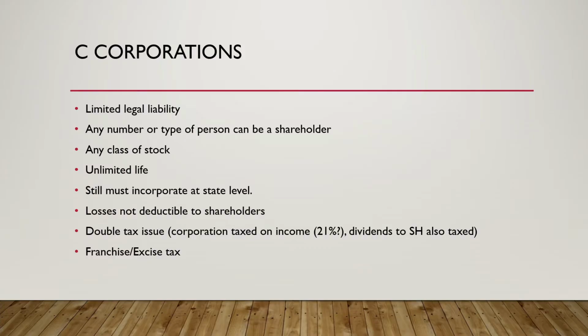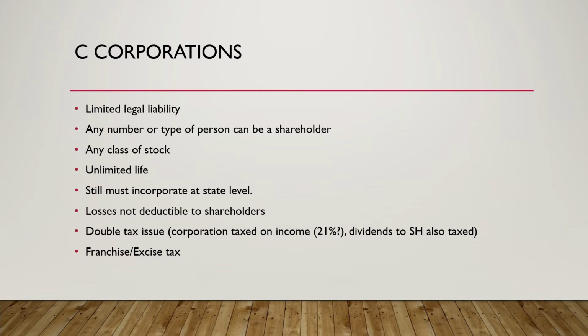Again, with a C corporation, we have limited legal liability. We've got a lot more flexibility, though, with shareholders. Any person, any entity can be a shareholder, and you can have as many as you want. We have unlimited life with C corporations. In a C corporation, though, our losses are only deductible at the corporate level. They're not passed on to the shareholders.